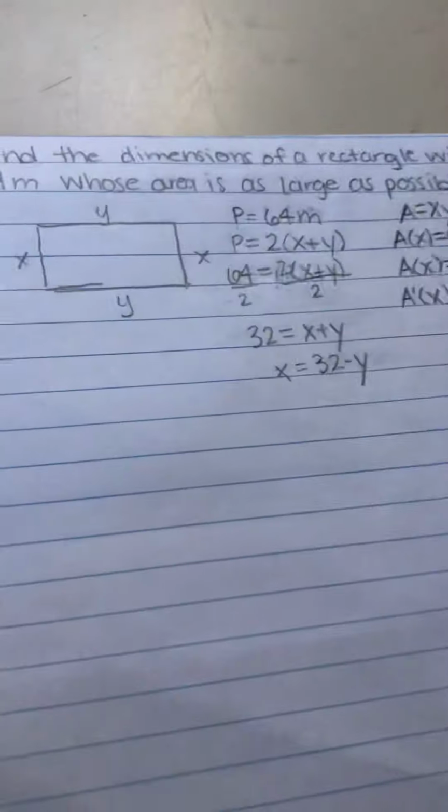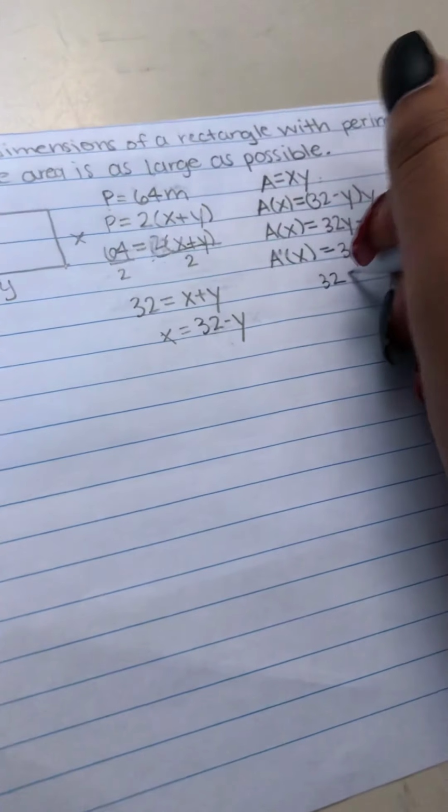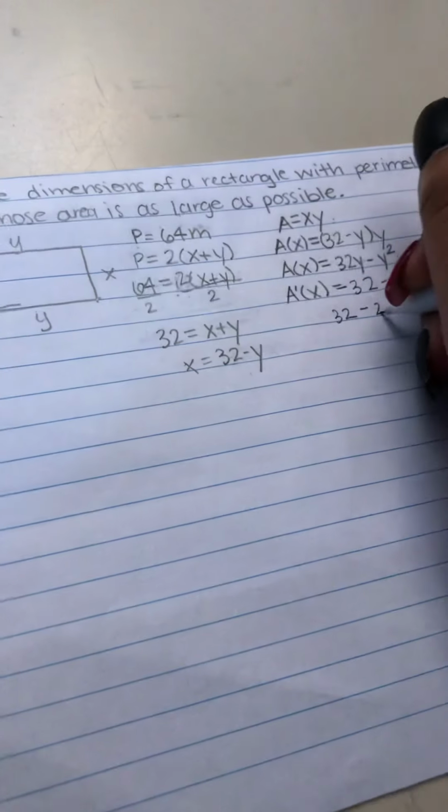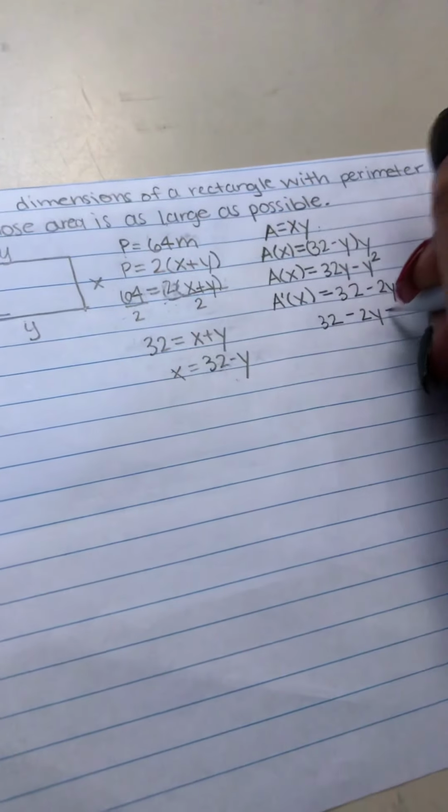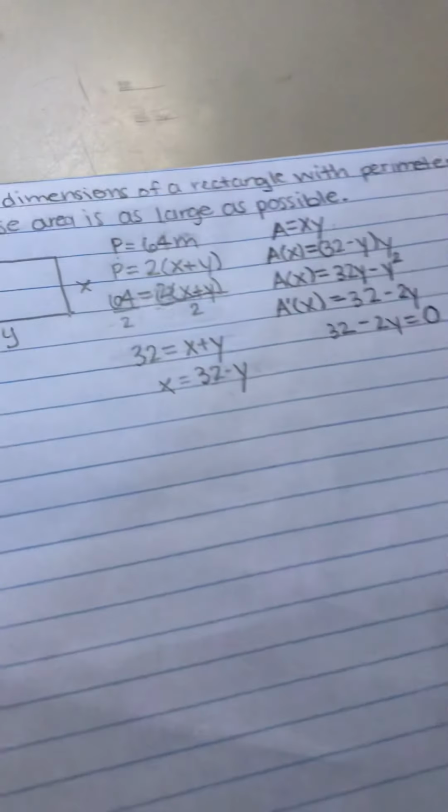And so then, again, because you want the area as large as possible, you set the derivative equal to 0. So it's 32 minus 2y equal to 0. And you solve for y. So it should be 32 is equal to 2y. You should get y is equal to 16.